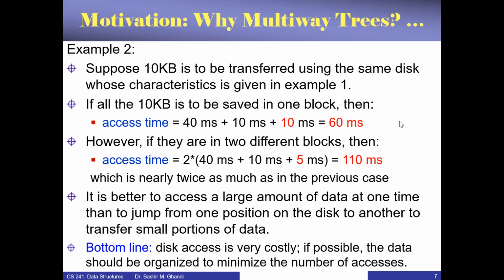They are generally needed when the data is so huge that it cannot be saved in the RAM. For example, in database systems, the data cannot all be in the RAM. The data is in the secondary storage. So most database systems actually use a kind of multiway tree to manage the data, so that the disk accesses will be reduced.